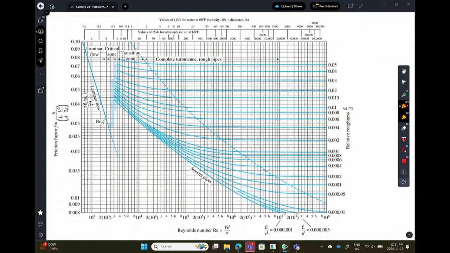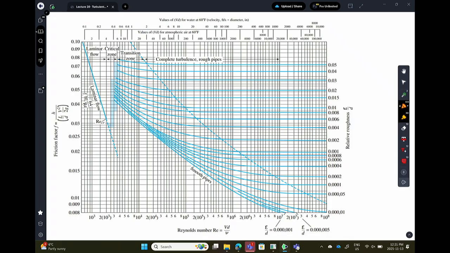Here's the Moody chart. So this is the chart, and on the next exam, or on the final exam, I'll certainly have a Moody chart for you. You should be familiar with this. On the left-hand side, the y-axis is friction factor. On the lower axis, the x-axis, you have Reynolds number, and then you have a whole bunch of blue lines. Those blue lines correspond to different epsilons over d.